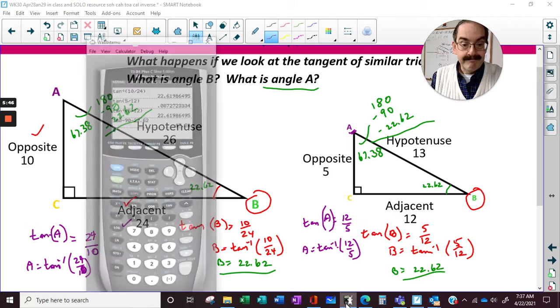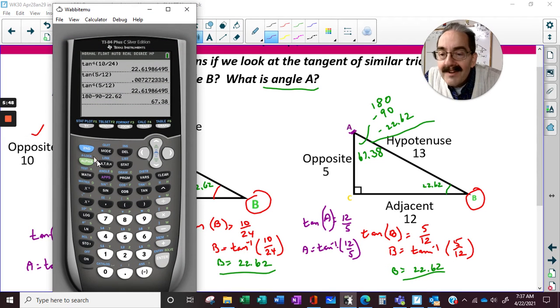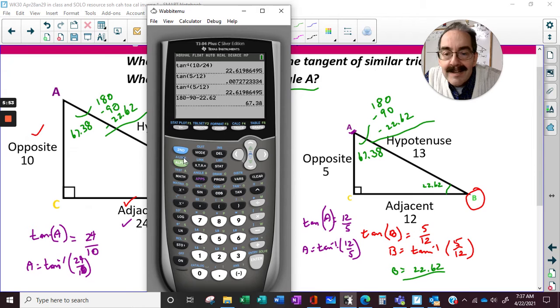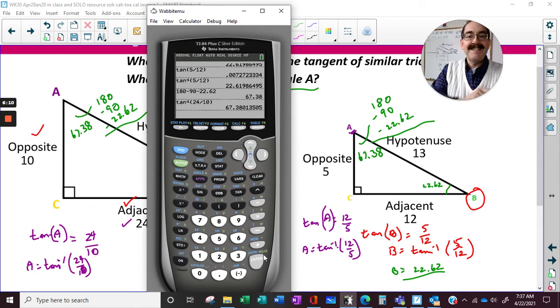We better. Inverse tan, the undo tan of 24 over 10. Drum roll, please. 67.38. Oh, isn't that cool?